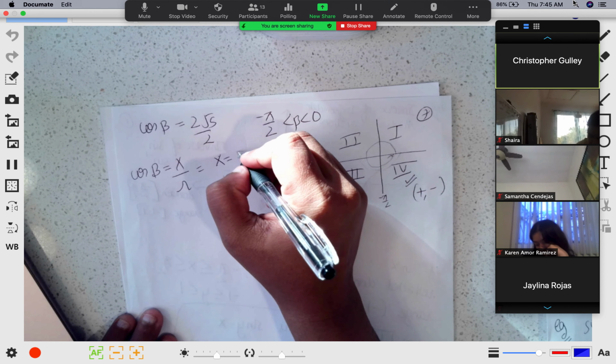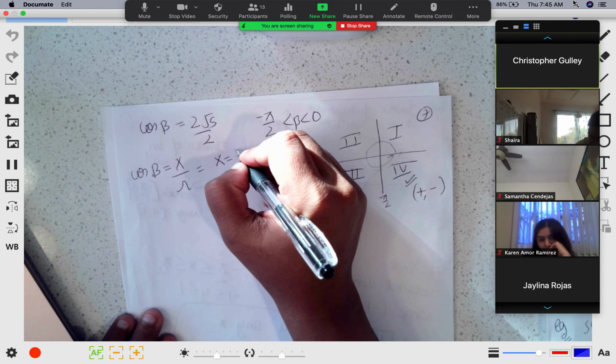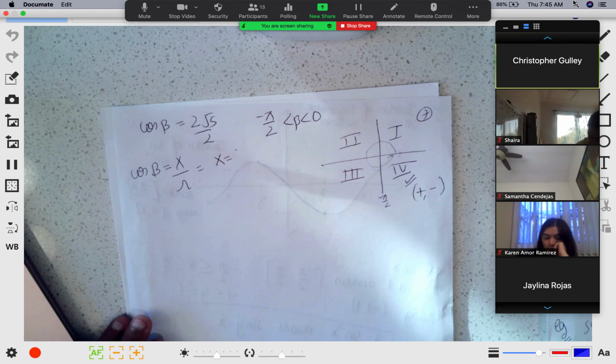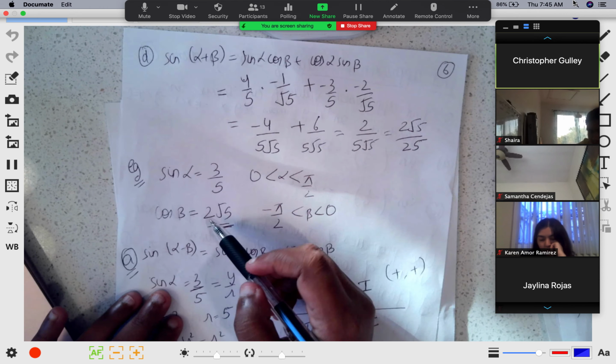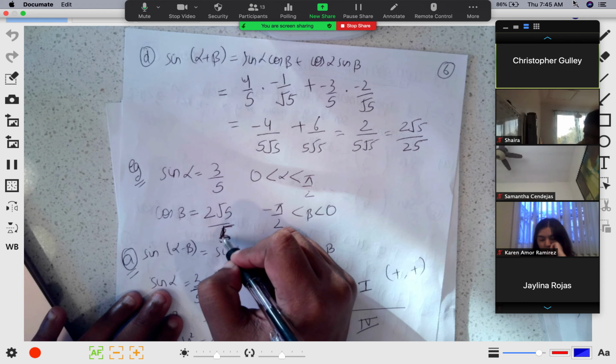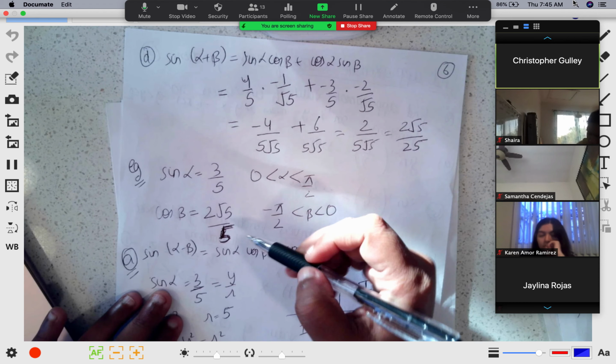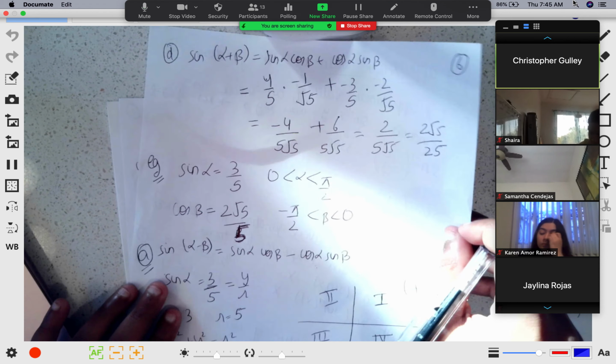Wait a second. Guys, it's 2 root 5 over 5. I wrote it wrong. It is 2 root 5 over 5. Make sure you correct this, the value of cosine beta. So it's not 2. Otherwise, they will cancel.